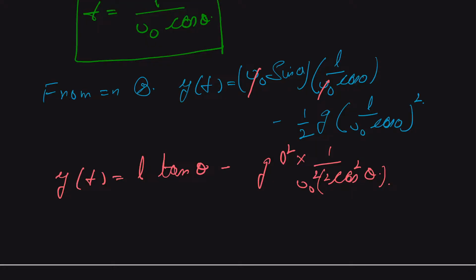So we get that this is equal to L tangent theta, minus g L square over 2 v naught square, multiplied by secant square theta, and there is also tangent theta.